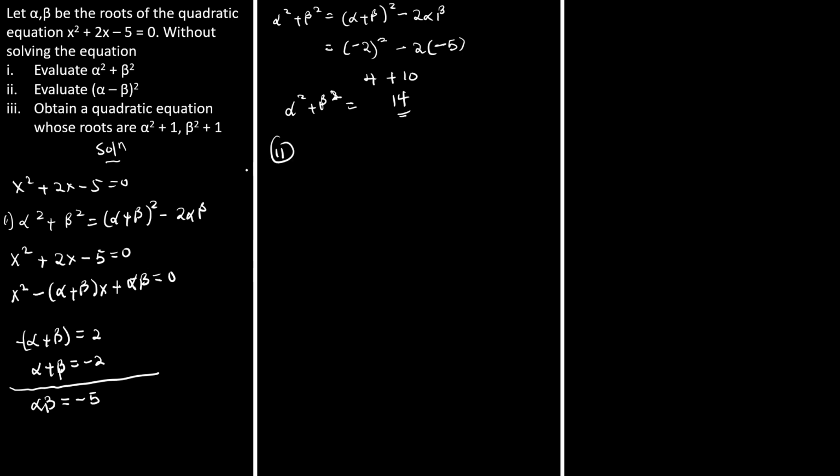The second question says we're supposed to evaluate alpha minus beta all square. So when I get to my black screen, alpha minus beta all square is given as alpha square minus 2 alpha beta plus beta square. And most of the time, like a plus b, this is a minus b, which is equal to a square minus 2ab plus b square.